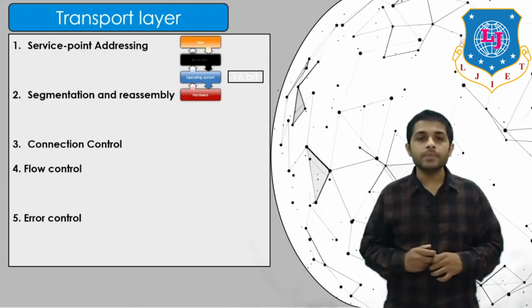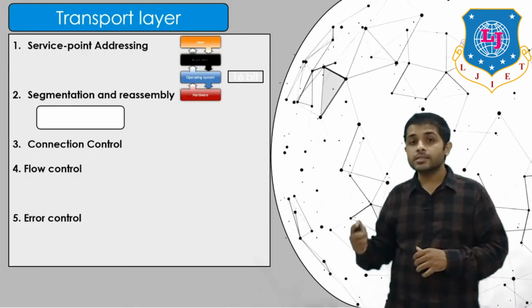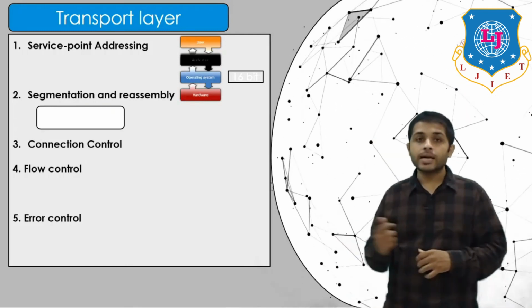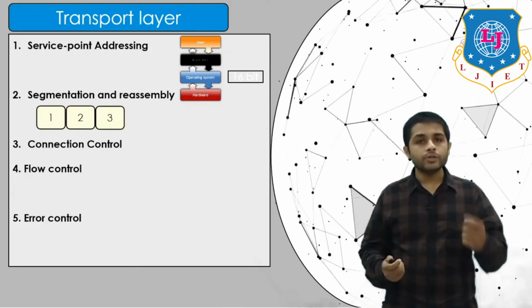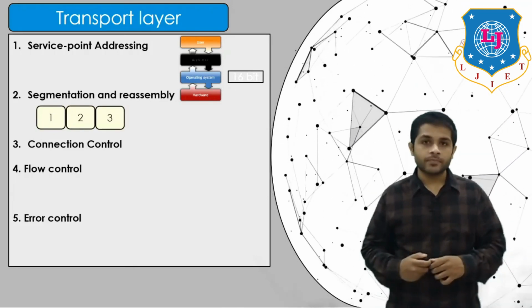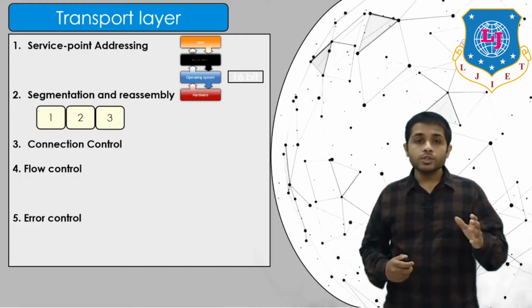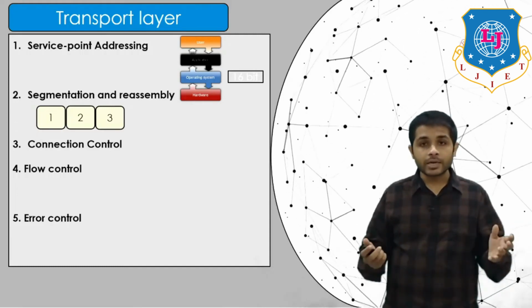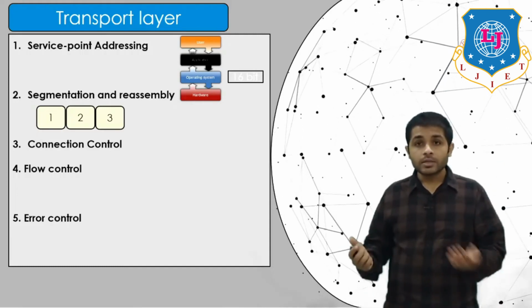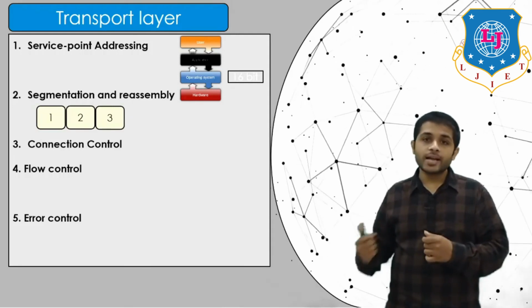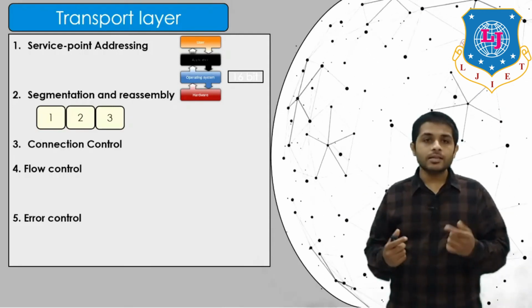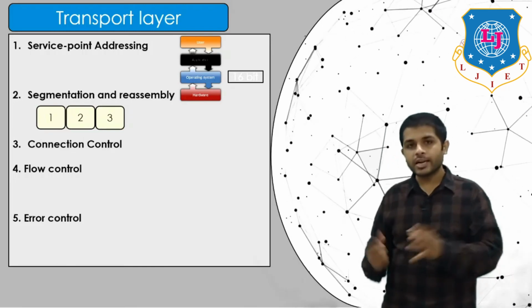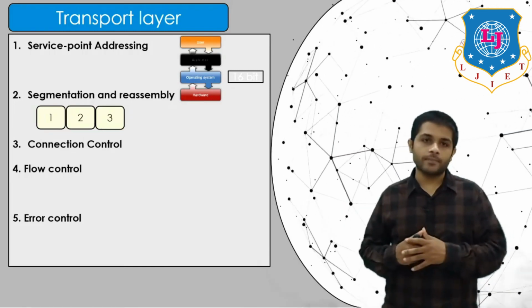Segmentation and reassembly means that when the data is received from the upper layer, the transport layer will divide that data into segments and number those segments. Because different segments will follow different routes, the order will be changed at the destination. So the destination will see the numbers of these segments and arrange them in the proper order.